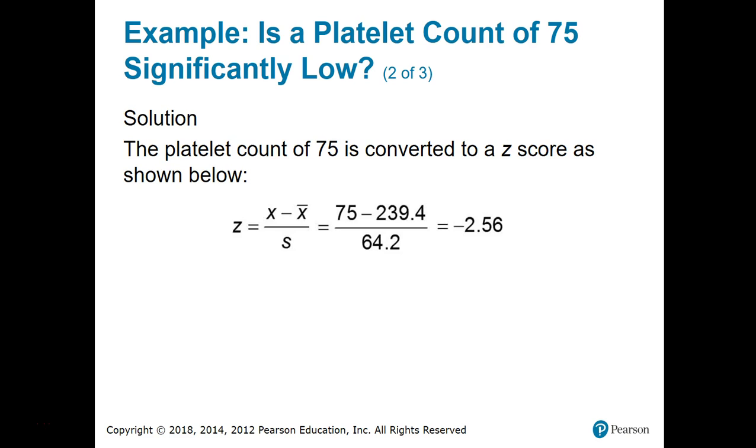The platelet count of 75 converted to a z-score is shown to be 75 minus 239.4 divided by 64.2, which is negative 2.56. So this is more than 2 standard deviations away from the mean, so that does make it significantly low.